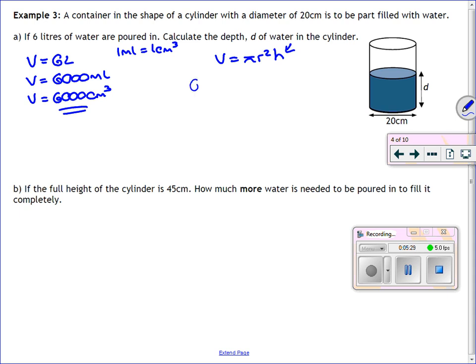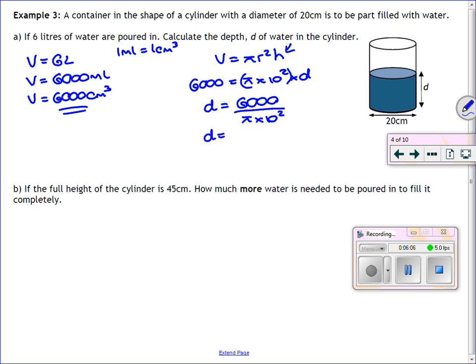So that's going to give me 6,000 is equal to pi times 10 squared times the height. In this case we're calling it D for depth. So we don't want the pi times 10 squared to be there, and since that's multiplying the D, we divide by it. So we say that D is equal to 6,000 divided by pi times 10 squared.